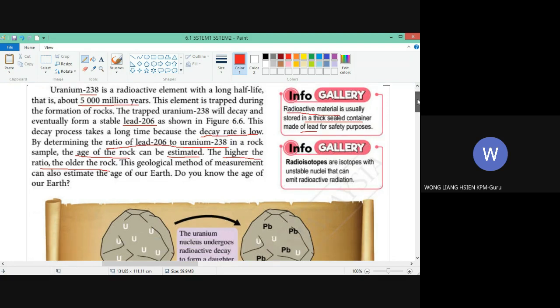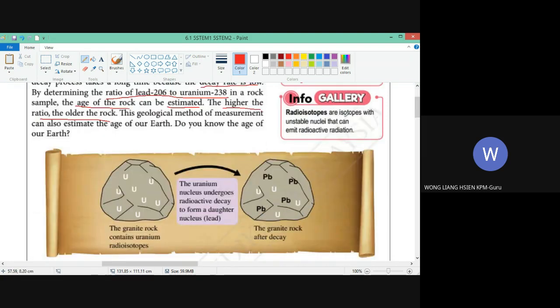All right. So radioisotopes are isotopes with unstable nuclei that emit radioactive radiation. As you already learned in chemistry, one element has a lot of different isotopes. Some isotopes are radioactive, that means they are unstable, and will decay and emit radiation.